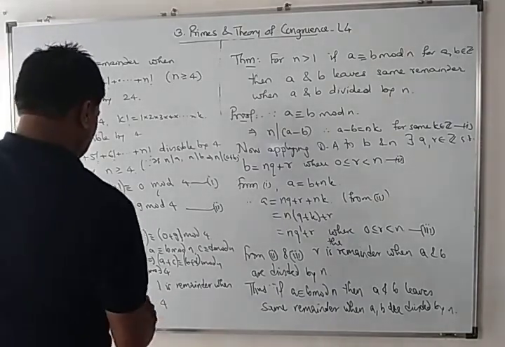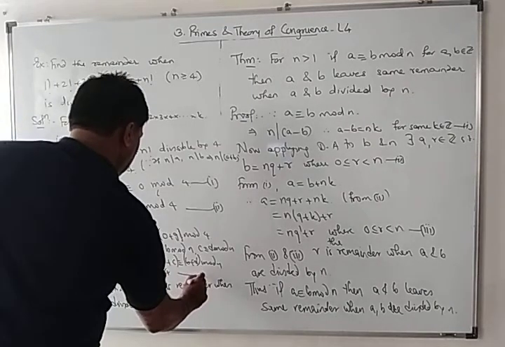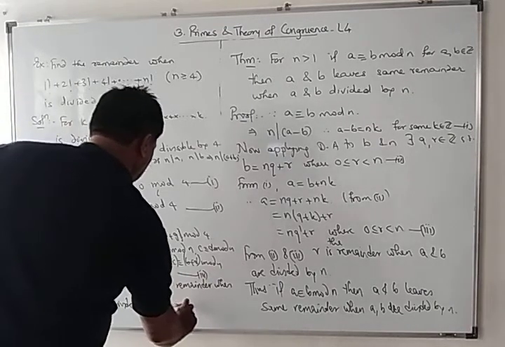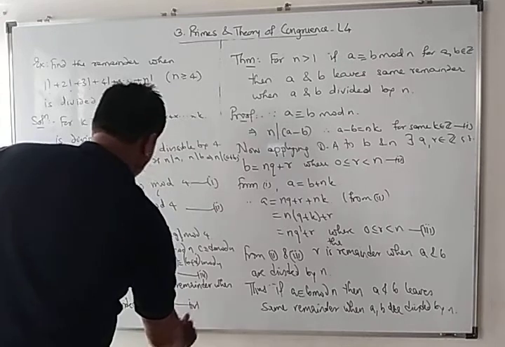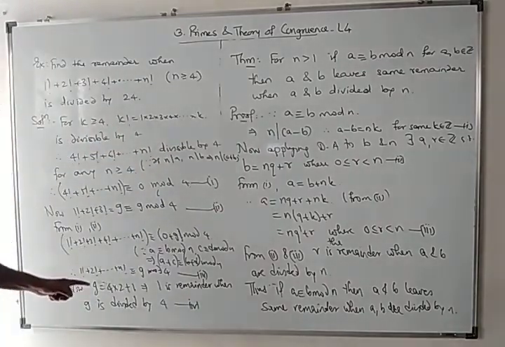So this is 3, this is 4, from 3, 4 and result.